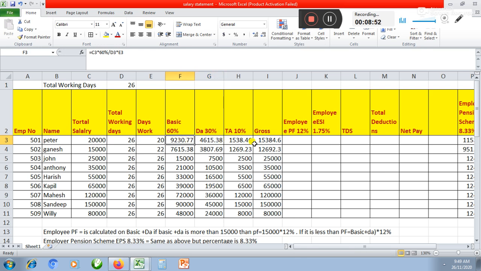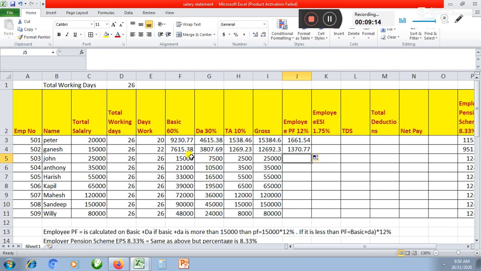Less than 15,000. When I calculate the PF here, it is equal to, open bracket, basic plus DA, close the bracket, into 12%. Now see this, the total again is less, so I can click and drag this down.